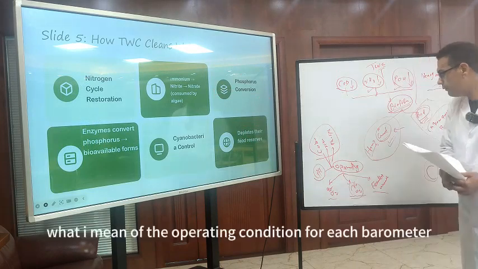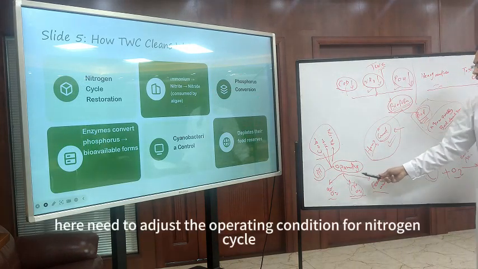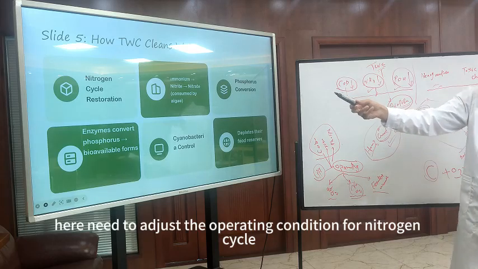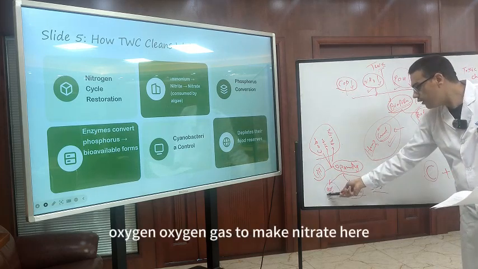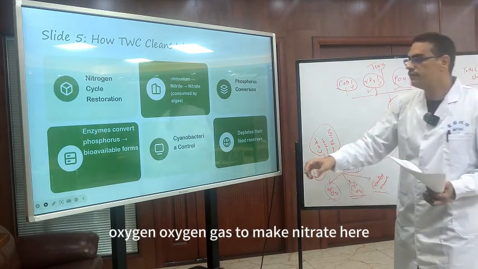This is what I mean of the operating condition. For each parameter here need to adjust the operating condition. For nitrogen cycle need oxygen first. Oxygen gas to make nitrate here.